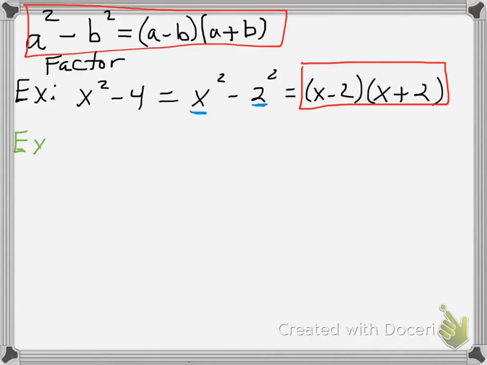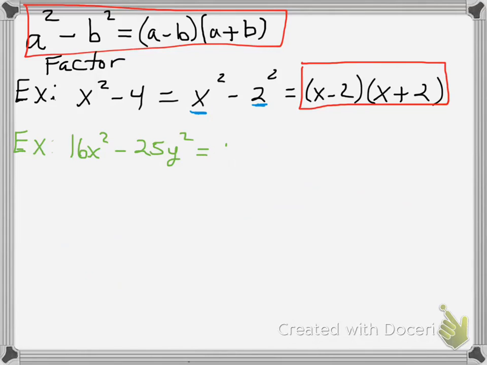And we'll do a little green here, and we'll ask you to factor 16x squared minus 25y squared. You can always pause the video and try it on your own. Again, I see two terms. I see subtraction in the middle. 16 is a perfect square, x squared is a perfect square, 25 is a perfect square, and y squared is a perfect square.